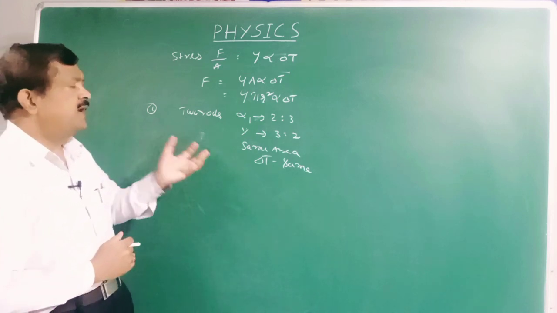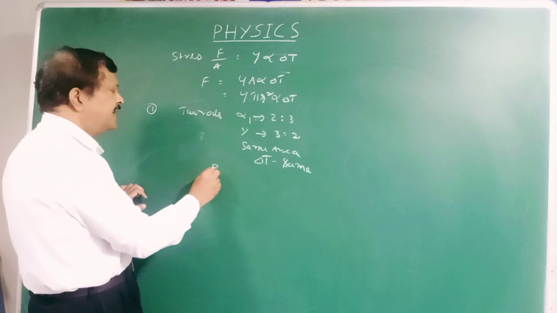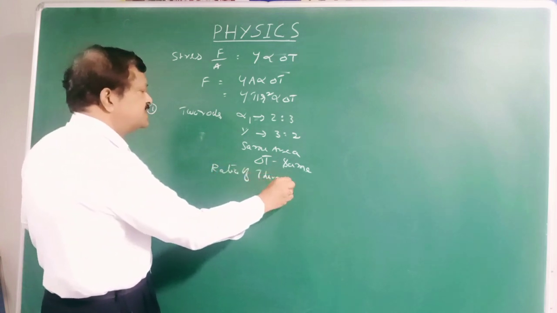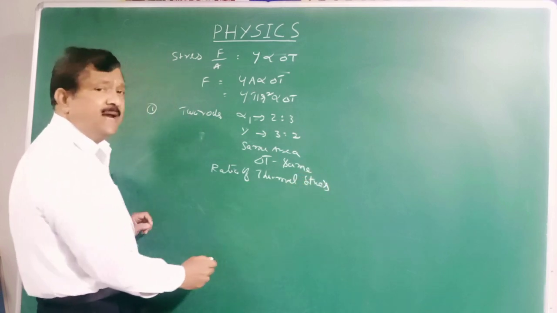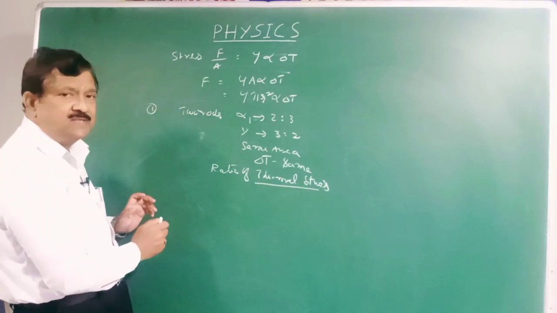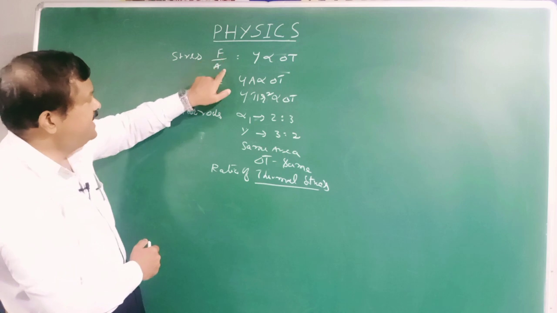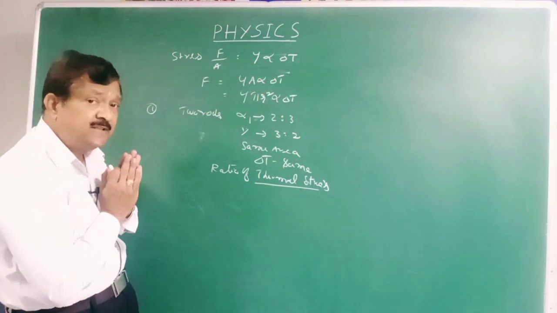Now when we ask this problem, finally what we have to calculate is the ratio of thermal stress. Let us look at the formula for thermal stress, F by A, that is Y alpha delta T. What are the variables in this problem?